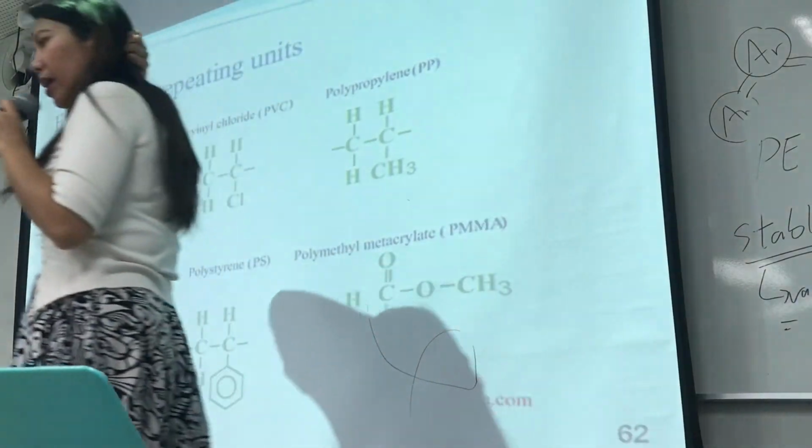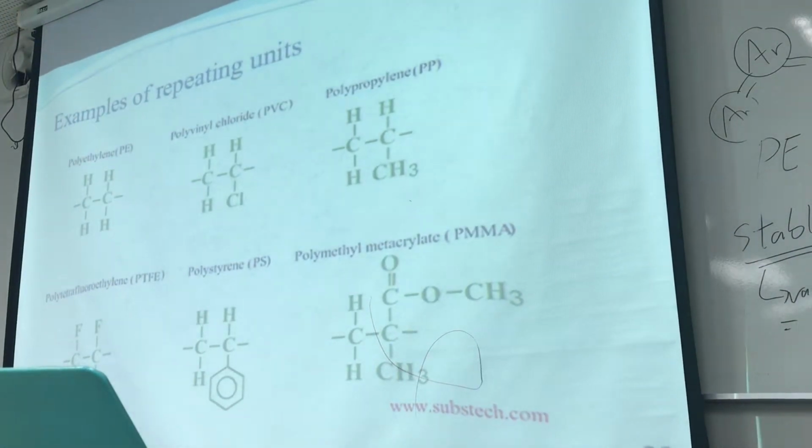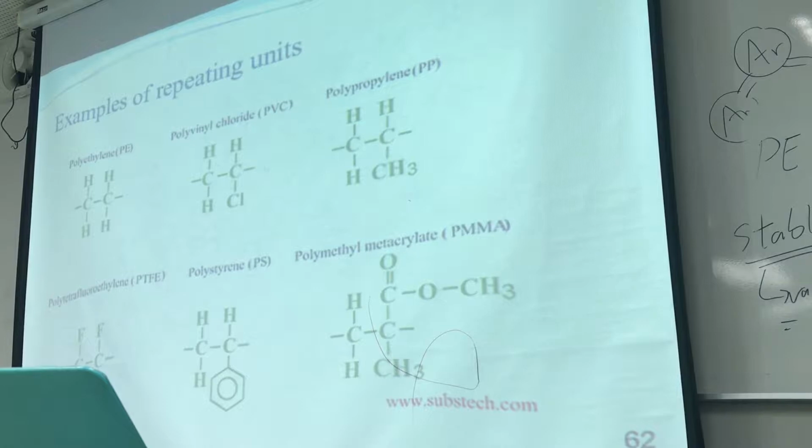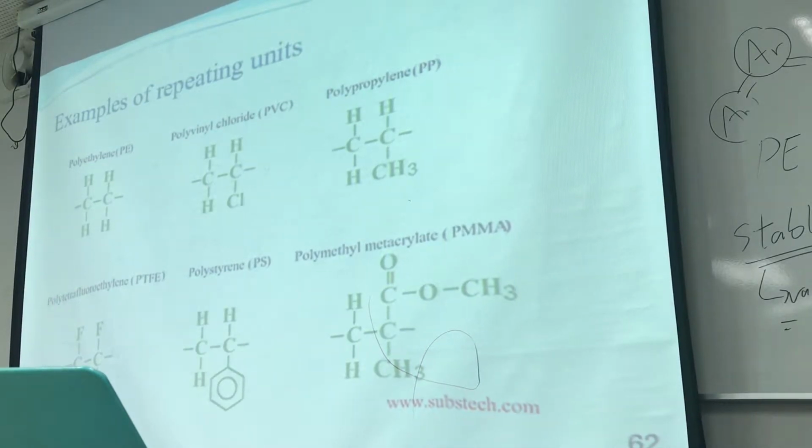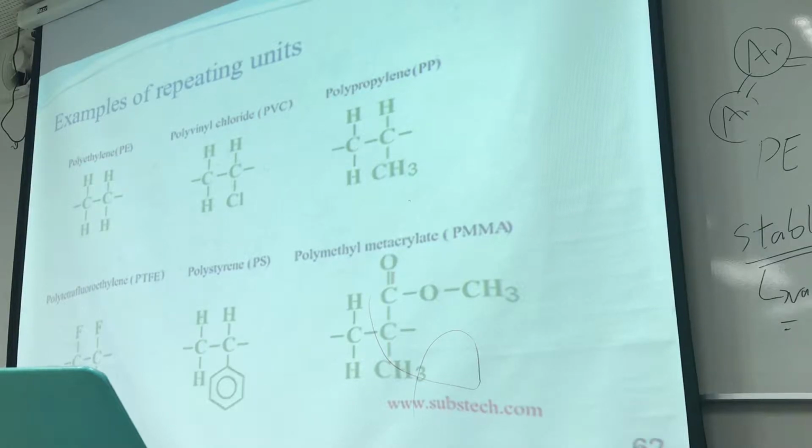When you learn about this, you learned about this a long time ago, that 1C is methyl, 2C is ethyl, 3C is propyl, right? 4C is butyl.